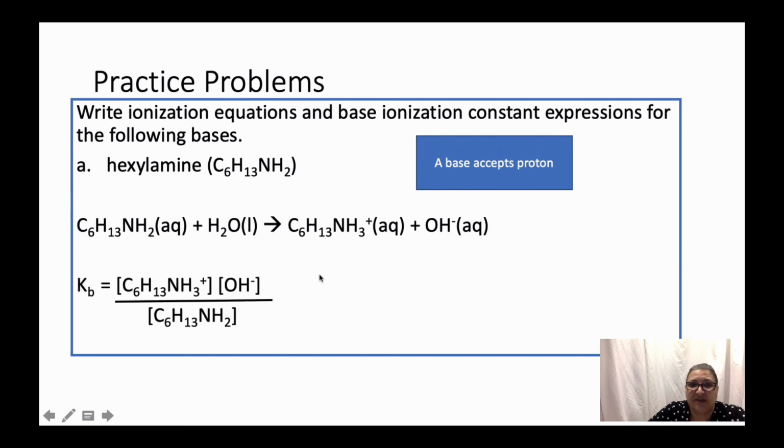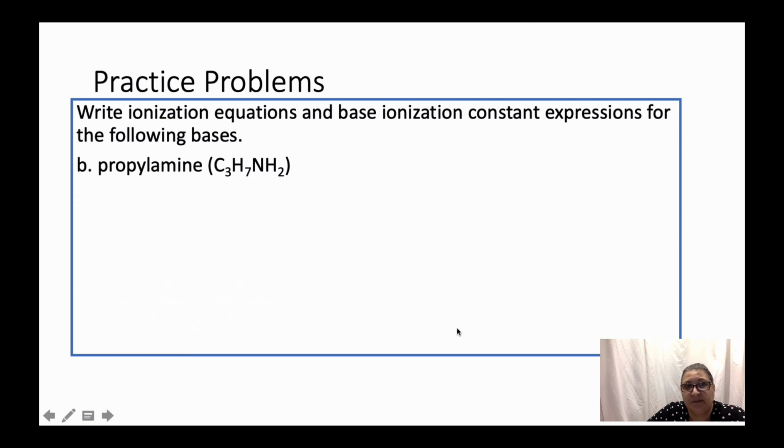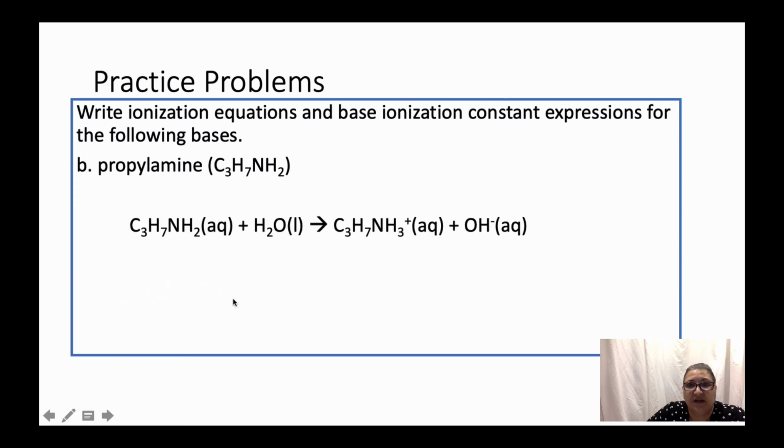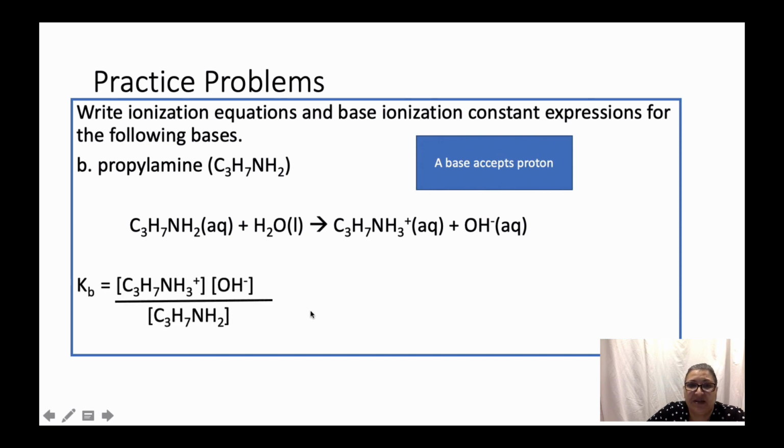And then we write the expression, OH and then over the reactant, not including the water. Now again, for all of these, water will donate hydrogen. This becomes one extra hydrogen, so it's plus, and OH is released, and we write the expression.